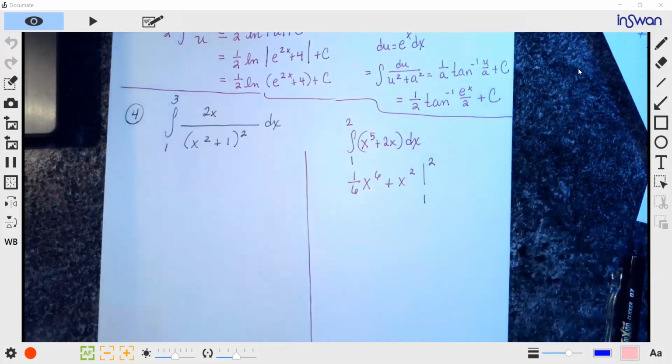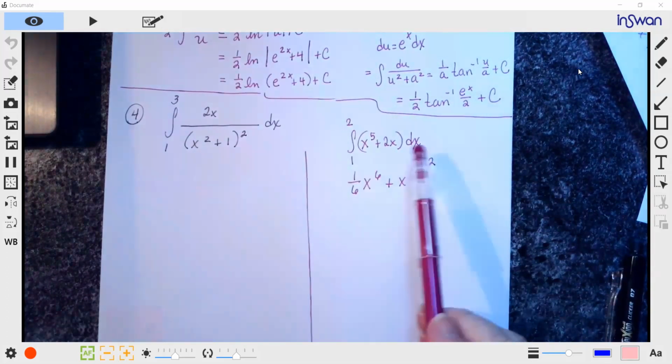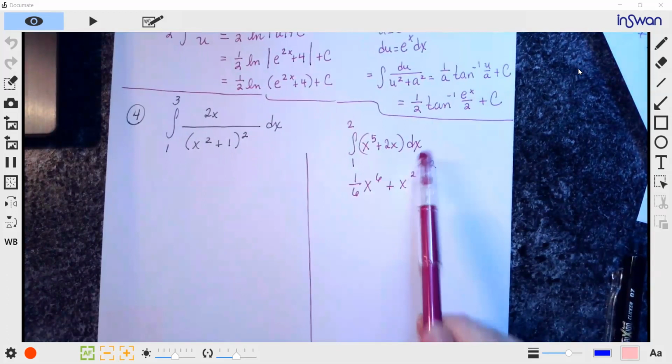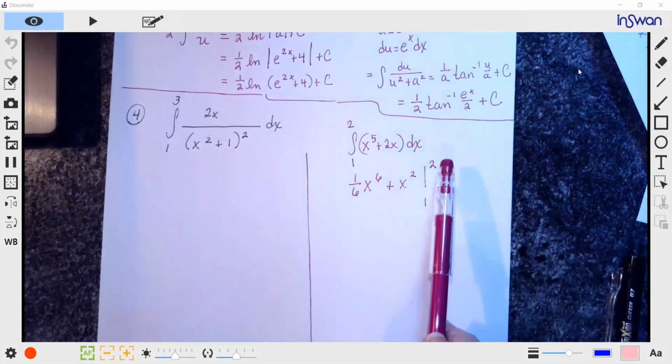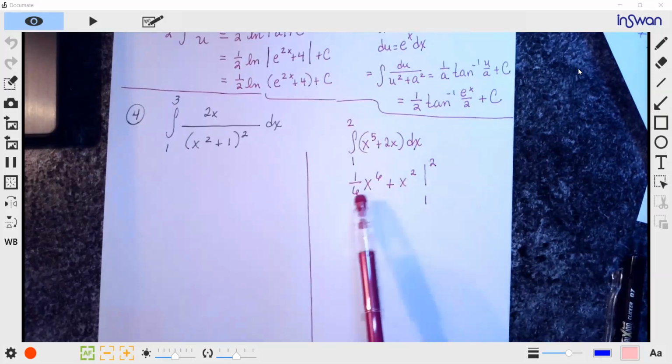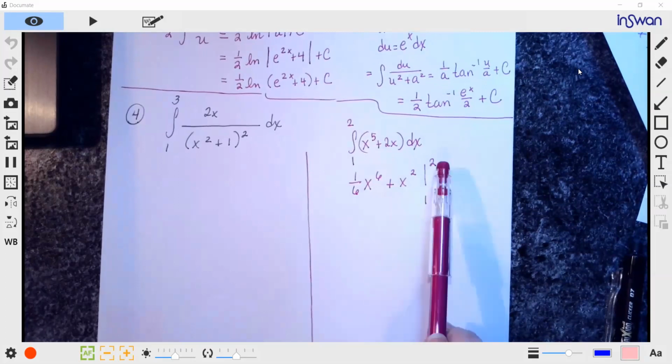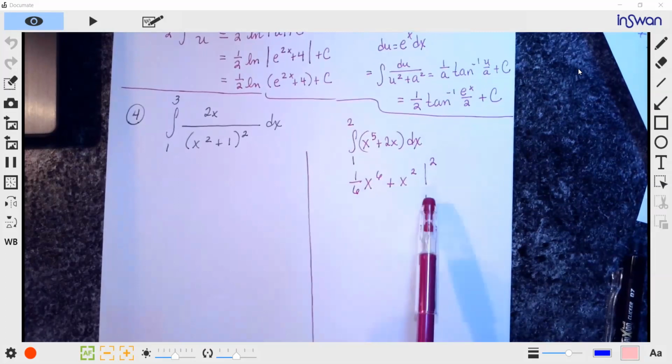Now notice, after you've done the integration part, the integral sign and the dx are gone because we don't need those anymore. But before we do the substitution in here, we're going to have a vertical line with the top limit on top, bottom limit on bottom. This indicates we've done the integration part, but we still have to plug in the limits and subtract.